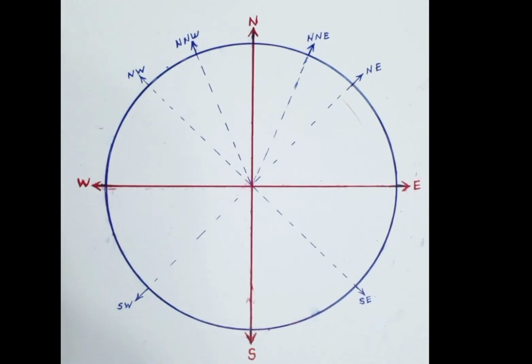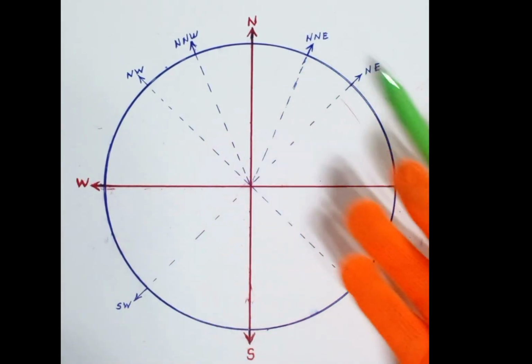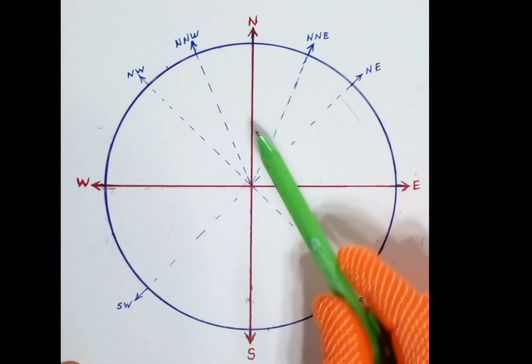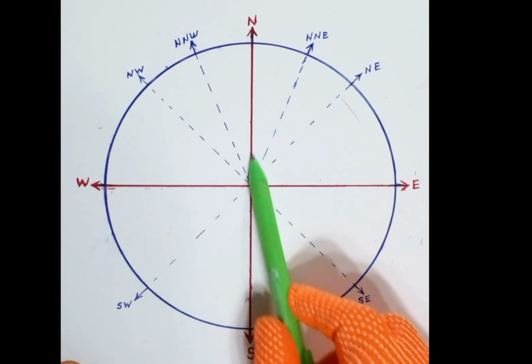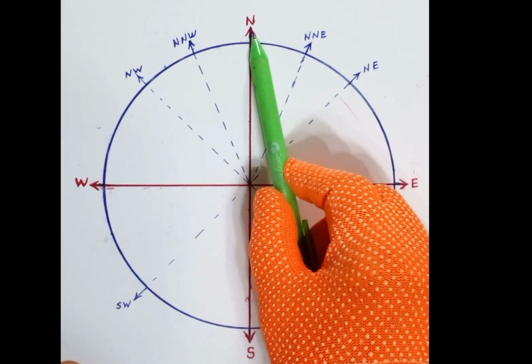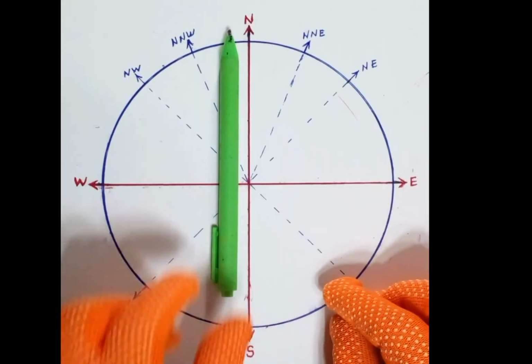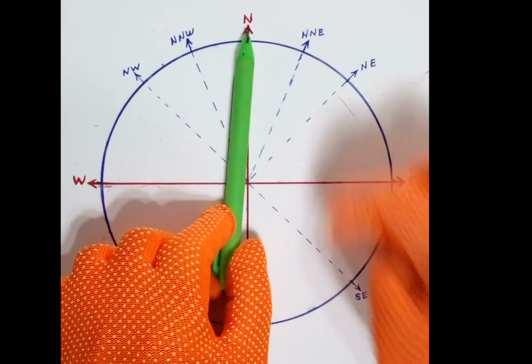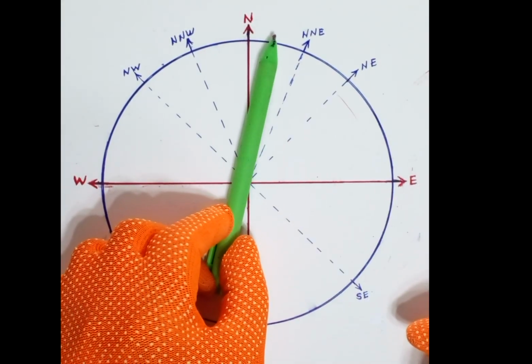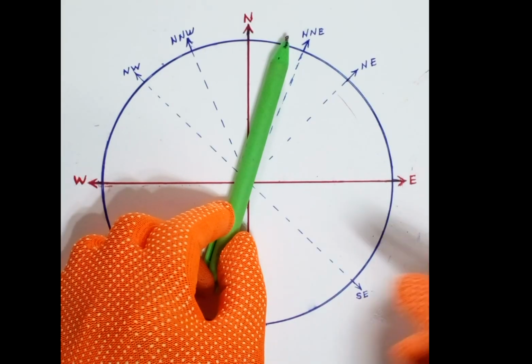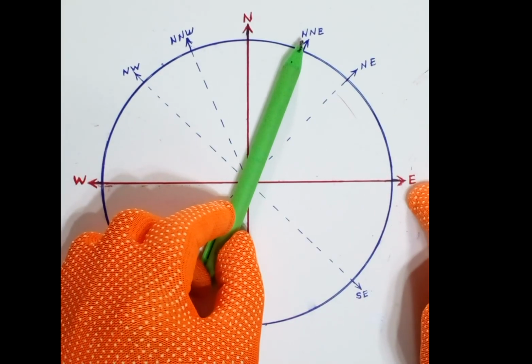Consider carefully this circle shown here. If you stand in the middle here and you face that direction, you are facing north, which is 0 degrees. If you gradually rotate yourself towards the right, you will be changing from north direction towards east.